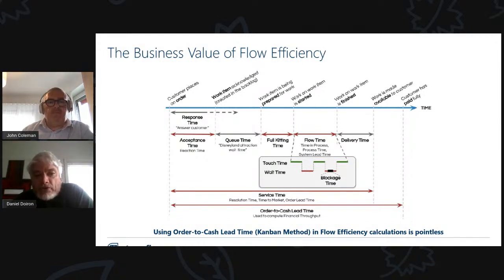Flow time is also called time in process, process time, system lead time. And in Kanban, it's called lead time. I think everybody has a different definition, but we're going to talk about flow time: when we get onto our Kanban board and actually get the work. And we, of course, are always struggling between touch time and wait time, while we are in flow time.